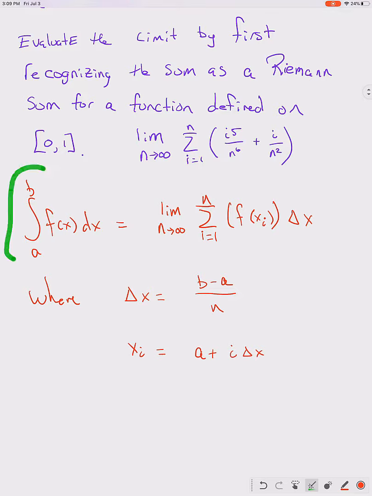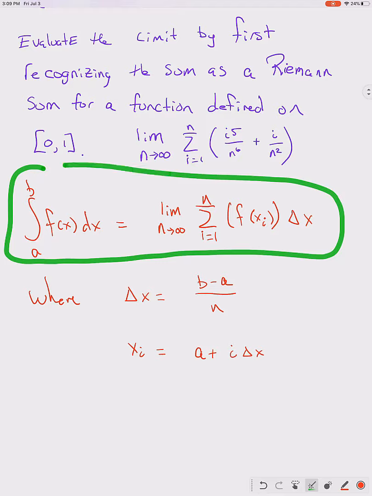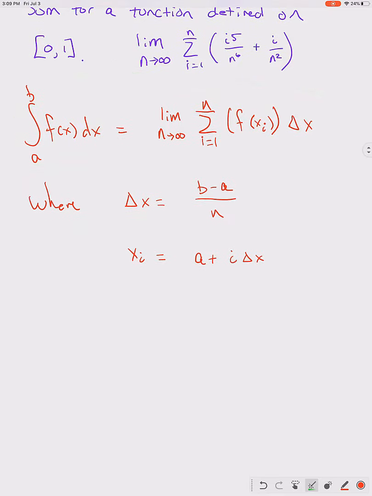That's the definition we were working on in the previous section, where delta x equals (b minus a) over n and xi equals a plus i times delta x.